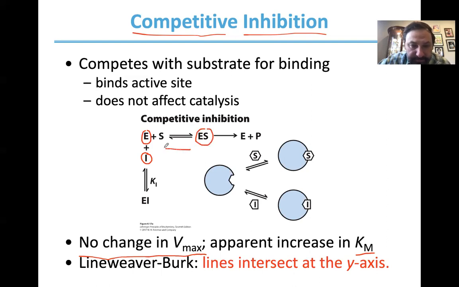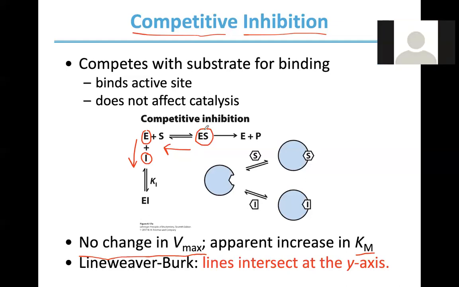So this equilibrium will be shifted to the left. Remember Le Chatelier's principle? If the inhibitor pulls this equilibrium down, then this equilibrium will be pulled to the left, and so less of the enzyme substrate complex will be available. Correct? Does it make sense?